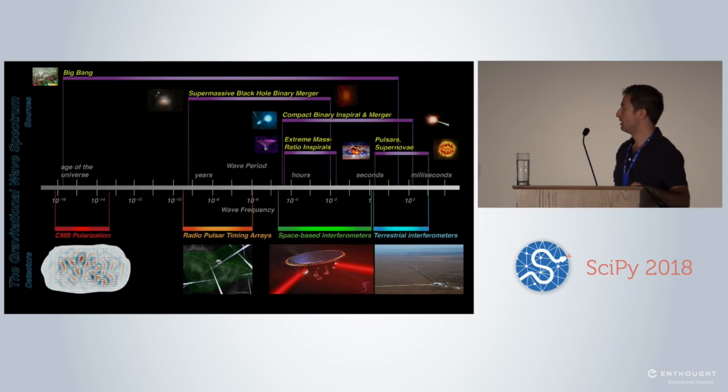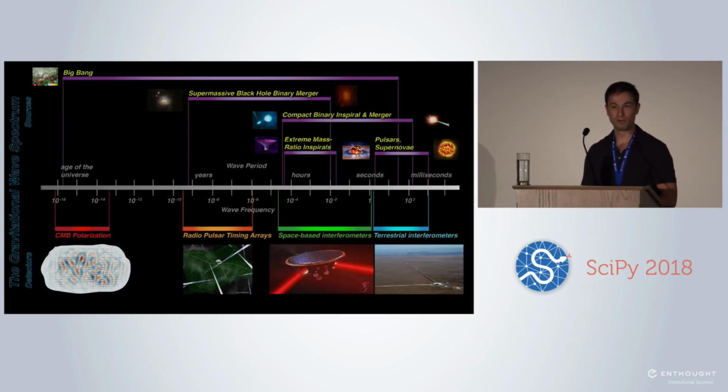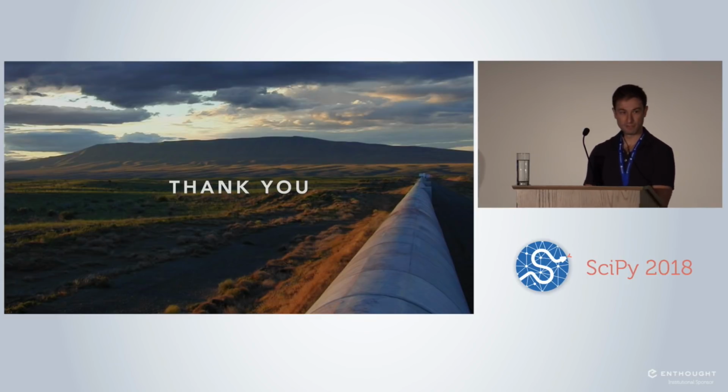With it we'll be able to see mergers of supermassive black holes in other galaxies. So there's a lot to do, and Python has been important for the whole journey and will continue to be so. And with that, I'll just thank you and ask for your questions.